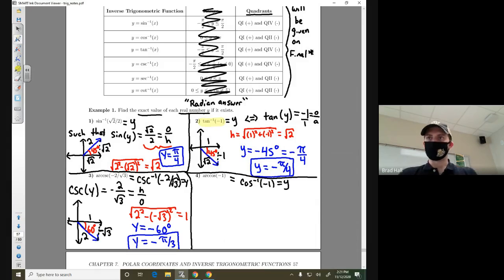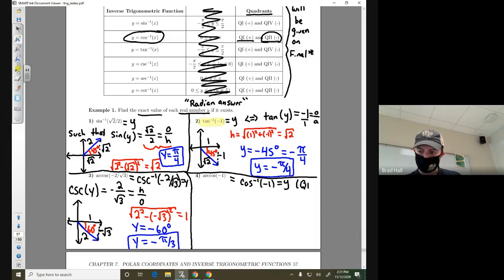Since the input is -1, which is a negative number, and cosine inverse puts us in this row, we're either going to be in quadrant 1 or 2. And since the input is -1, we're going to be using quadrant 2. That's how you interpret this table.